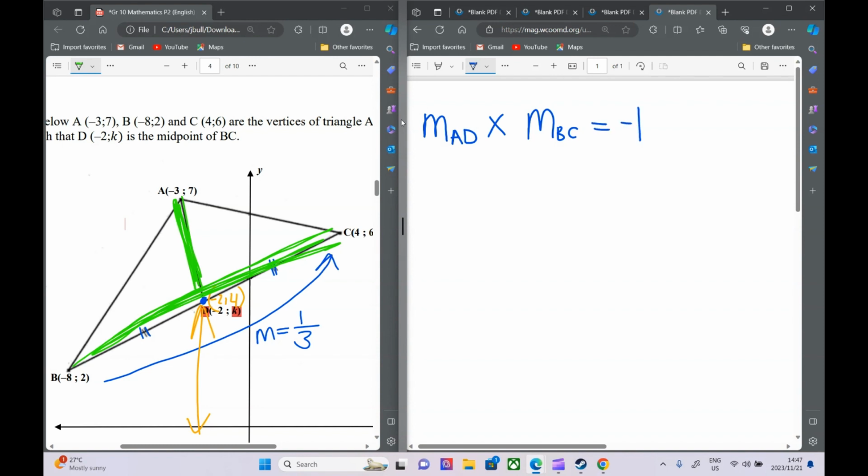Okay, so if this happens, then AD will be perpendicular to BC. Okay, so that's the trick there.